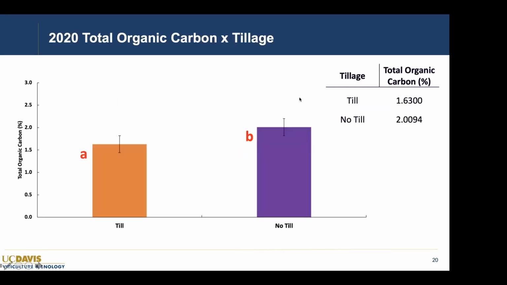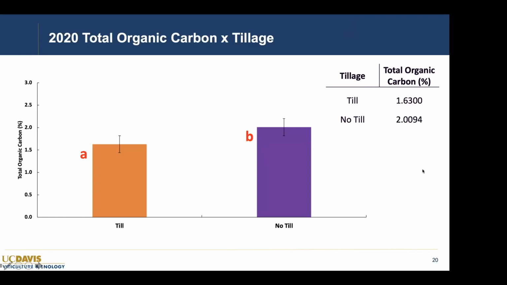This is total organic carbon by tillage, where we also saw a difference, an increase of about 18% total organic carbon among no-till than till. And in the literature, there's quite a bit of gray area between total organic carbon looking at separation by tillage, and it's very site specific depending on soils and weather conditions.